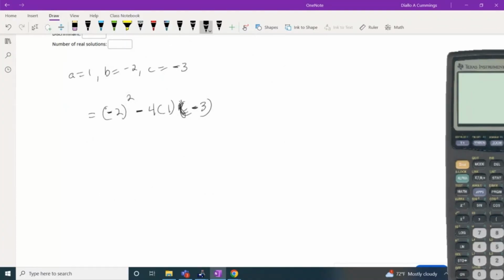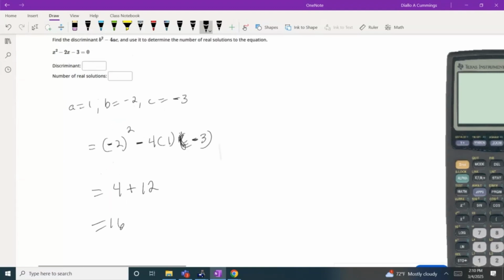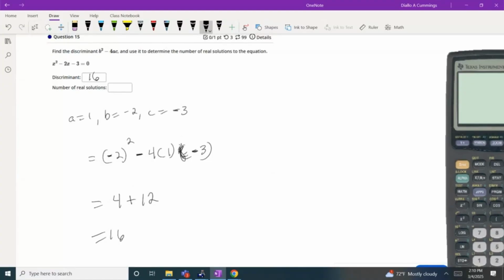So first thing I'm going to do is evaluate my exponent. -2 squared is +4. And then I'm going to multiply. -4 times 1 is -4. -4 times -3 is +12. 4 plus 12 is 16. So that means the discriminant value is 16.